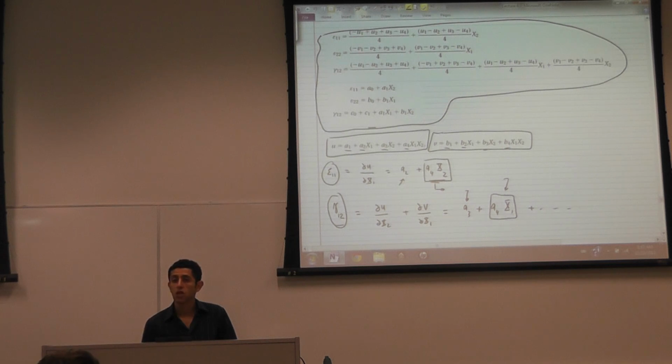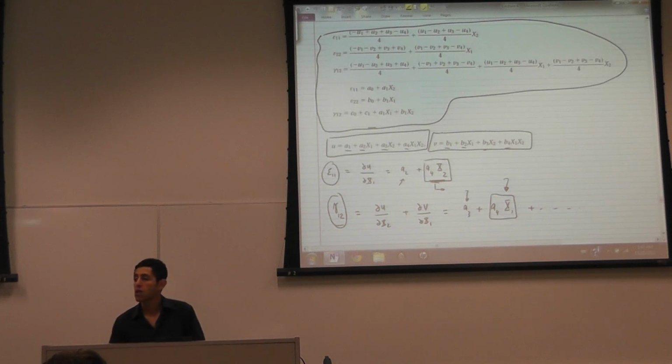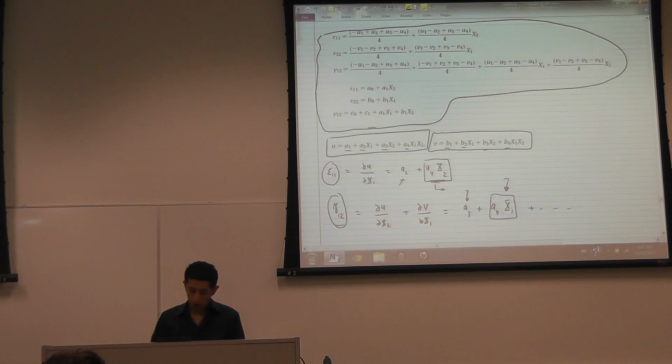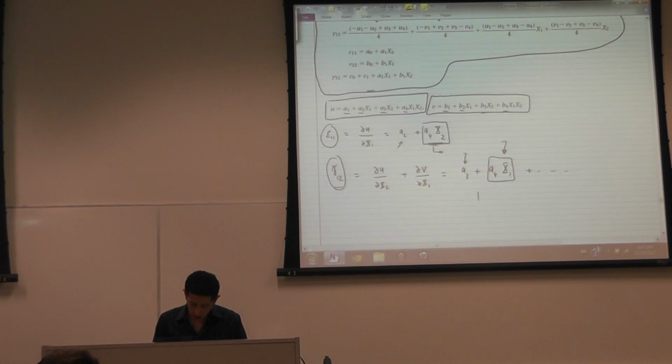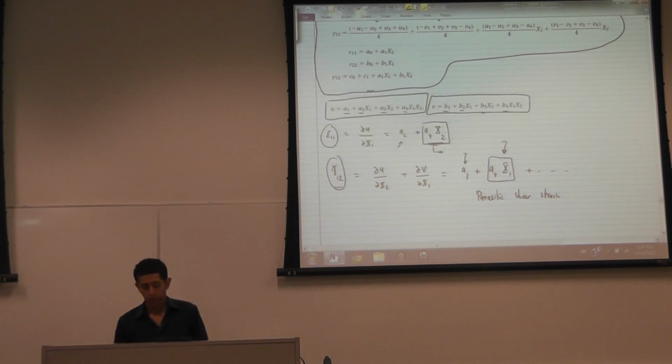So basically you're punishing the element for bending by saying, well, you also have shear strain every time you model bending. By making the element feel that there's extra shear, you're constricting the possibilities of deformation of the element. This is what is referred to as parasitic shear strain that just appears with bending.